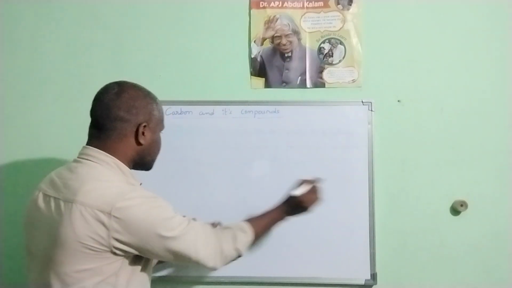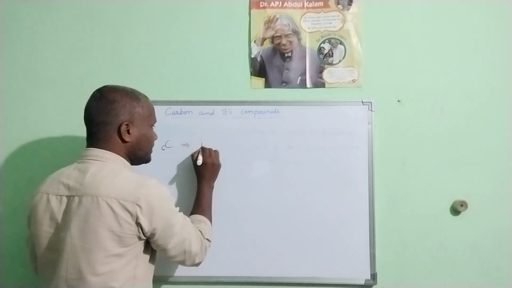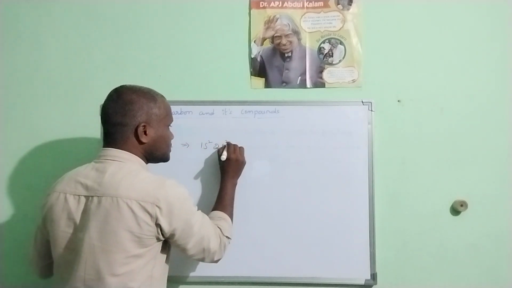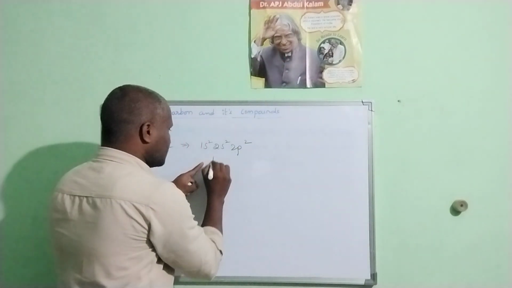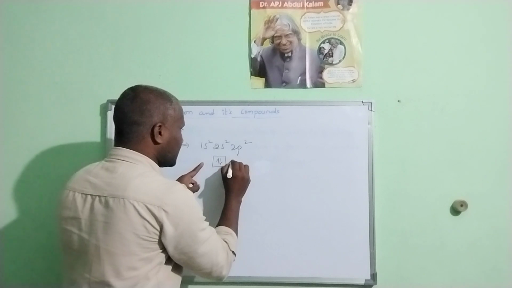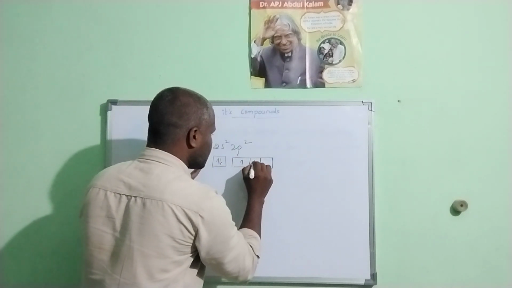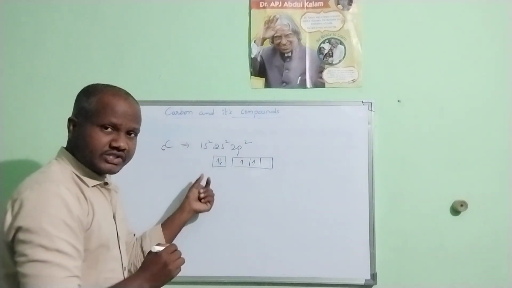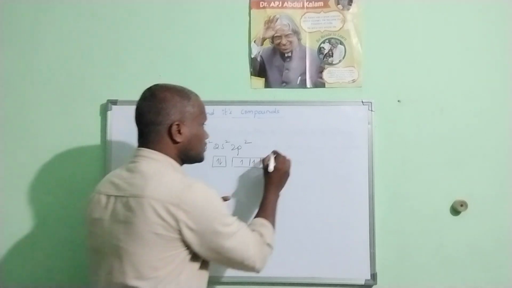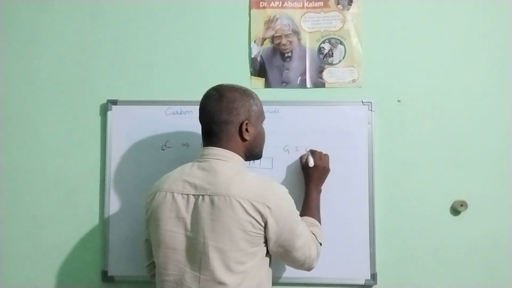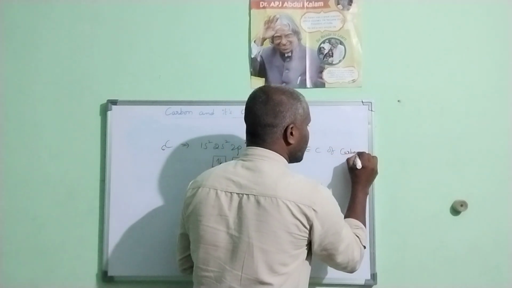When carbon is in its ground state, the electronic distribution will be 1s2, 2s2, 2p2, and we can arrange the electrons in the degenerate orbitals. This is the ground state electronic configuration of carbon.